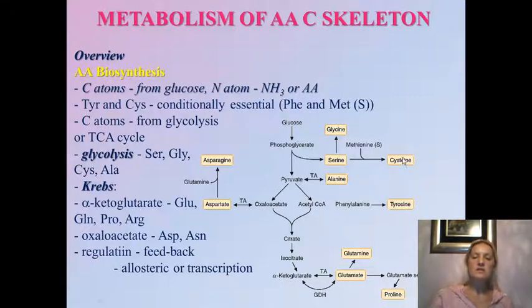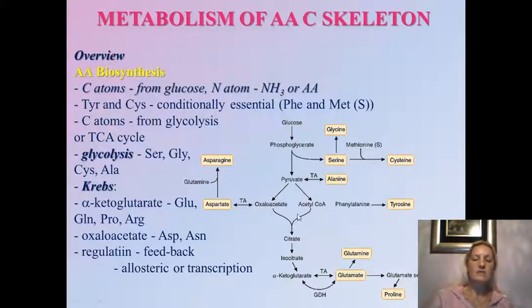Tyrosine and cysteine are considered to be conditionally essential amino acids because for their biosynthesis, they require the presence of phenylalanine, which is an essential amino acid, and methionine, which is a donor of sulfur and is also an essential amino acid. So carbon atoms, as you can see, can be derived from glycolysis or the Krebs cycle. Let's make just a list. From glycolysis, we can get serine, glycine, cysteine, alanine.